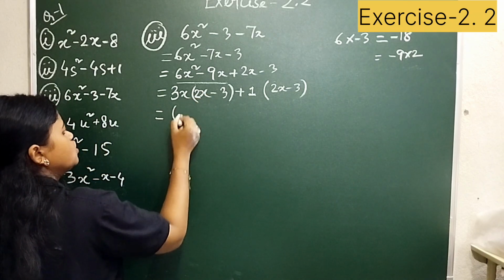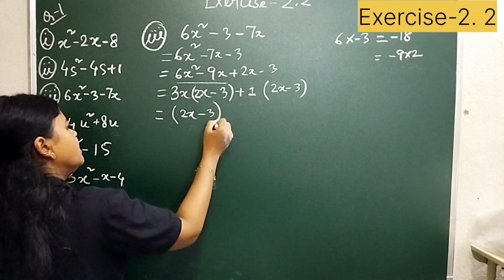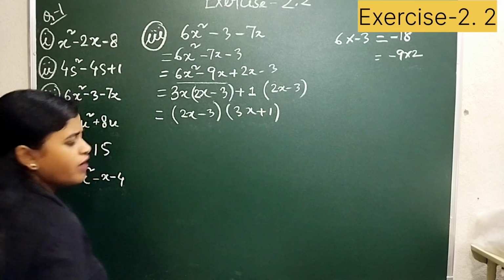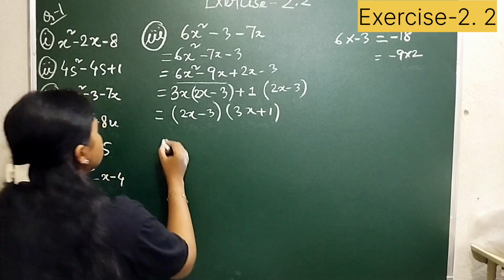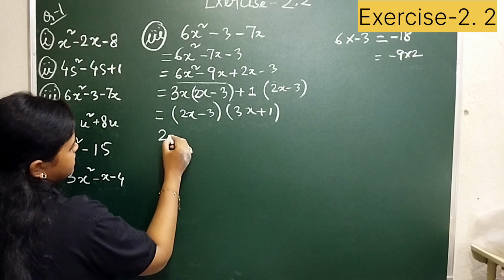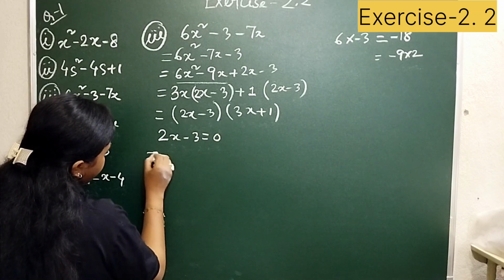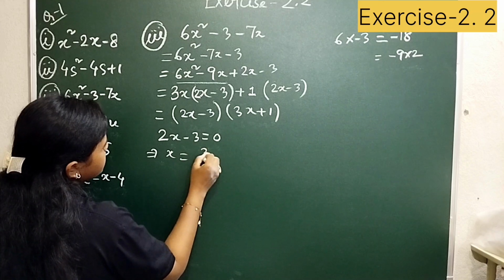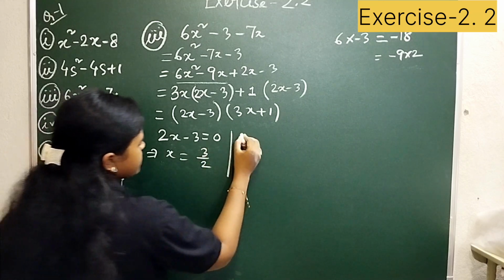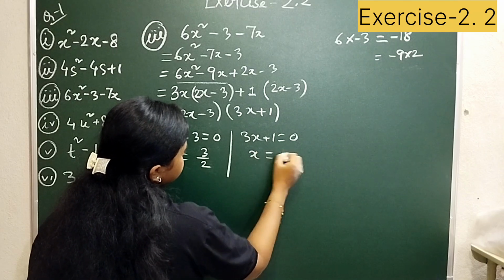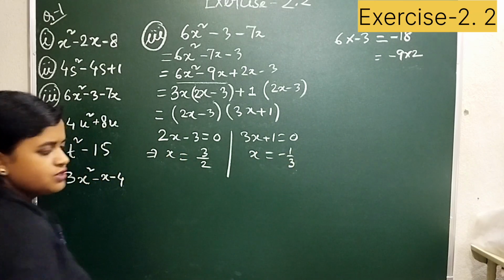So 2x minus 3 into 3x plus 1. To find the zeros, we have to put each linear factor equal to 0. So x equals what? 3 by 2, and in this case 3x plus 1 equals 0, so we will get x equals minus 1 by 3.